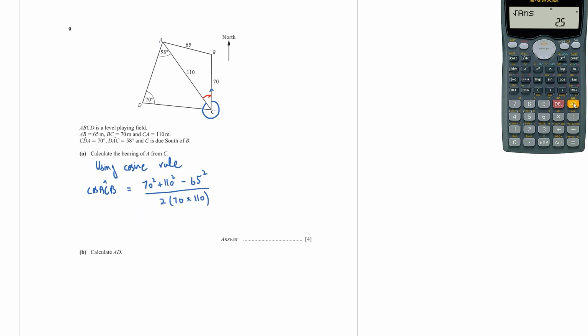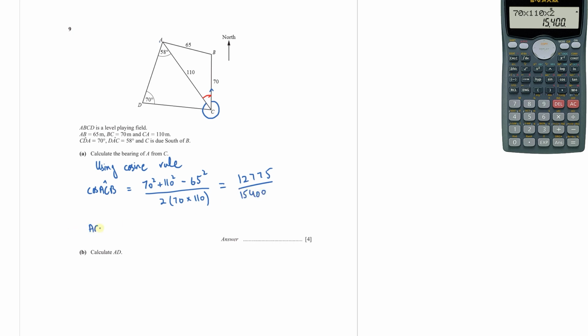Let's calculate this. 70 square plus 110 square minus 65 square is 12,775, divided by 70 into 110 into 2, which is 15,400.